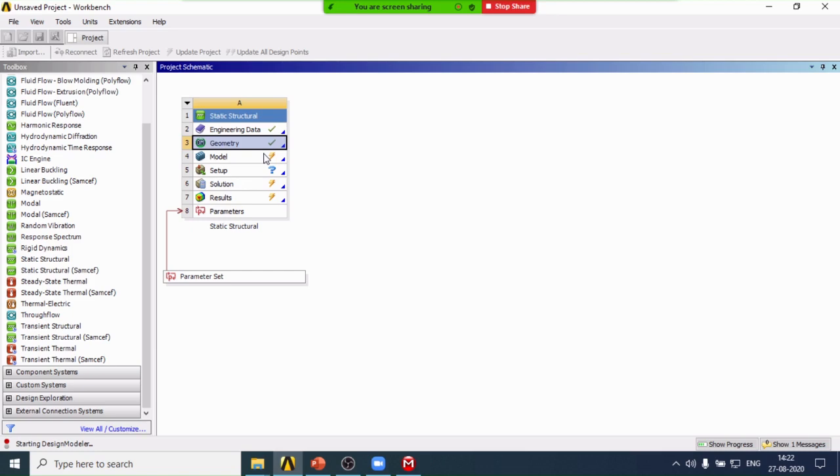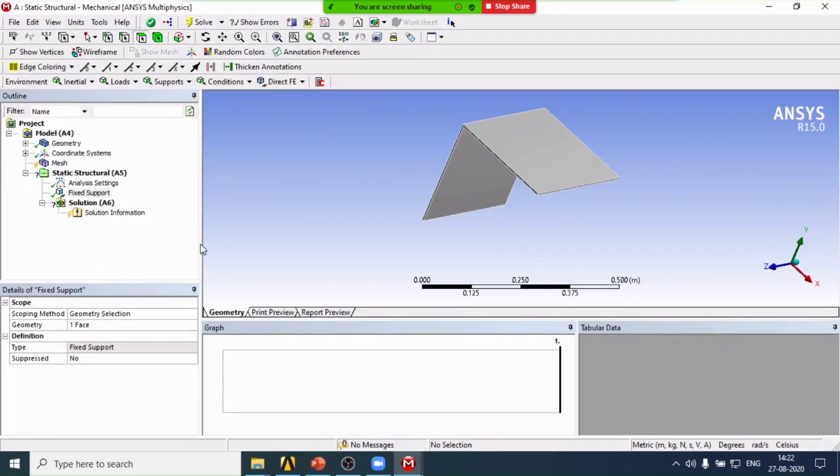Right click onto this. I will put the force onto the edge. So this is the edge on which I am going to put the force. Sorry, it is wrongly selected. There are multiple options here. So this is fixed support. I need to select it.